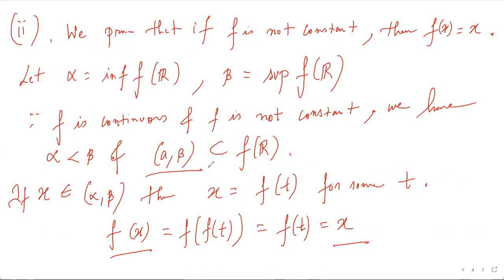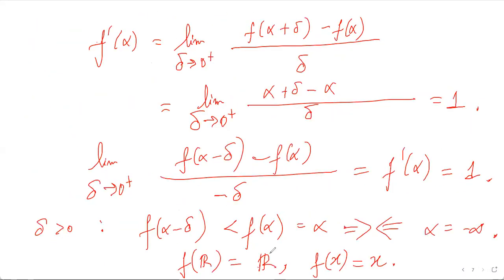That's why it works for every x, that is f of x is equal to x. Thus we have proved not only that the range of f is the whole of R, we have also proved something greater, that f of x is equal to x for all x in R. Okay, so this part is done.